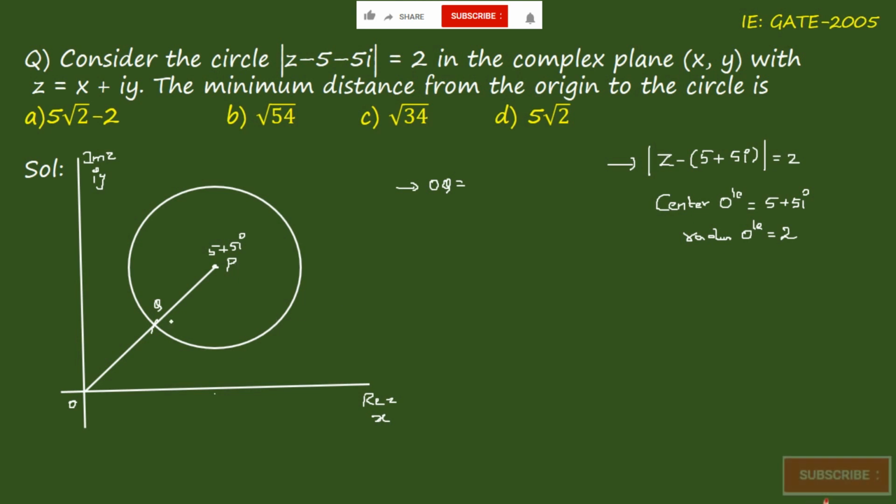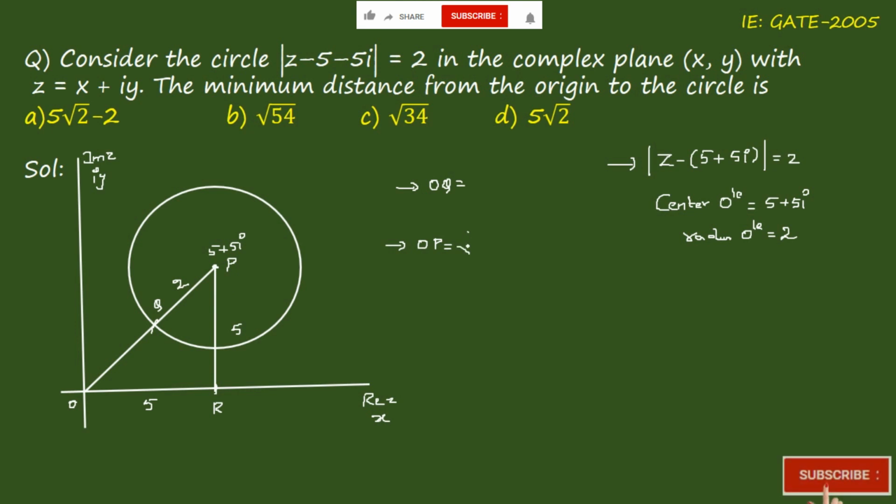Now we know that the radius is 2, so P to Q is nothing but 2, right? And the distance from P to the point R is nothing but 5, right? Now from O to R also 5 only, right? So first we'll find out O to P, how much distance is there. It forms a 90 degree triangle.